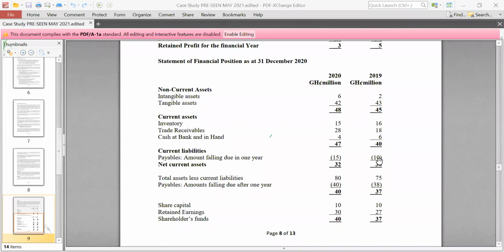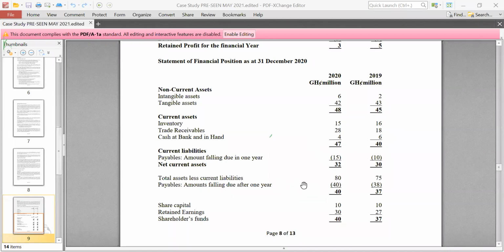Yeah, that's true. It leads to an increase in cash. So you see, the main problem with cash is with the trade receivables.